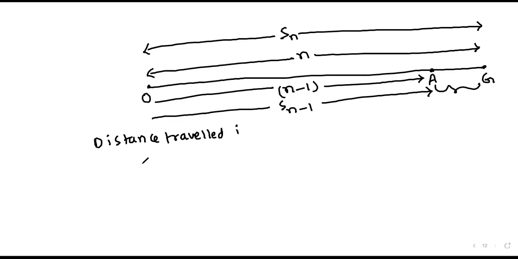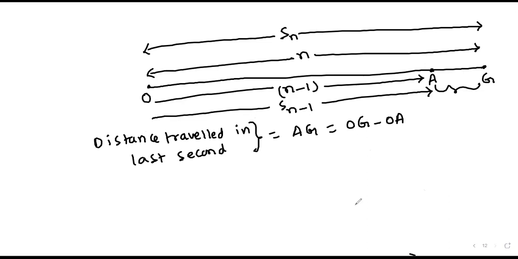That means I need to find AG now. AG I can write as OG minus OA.